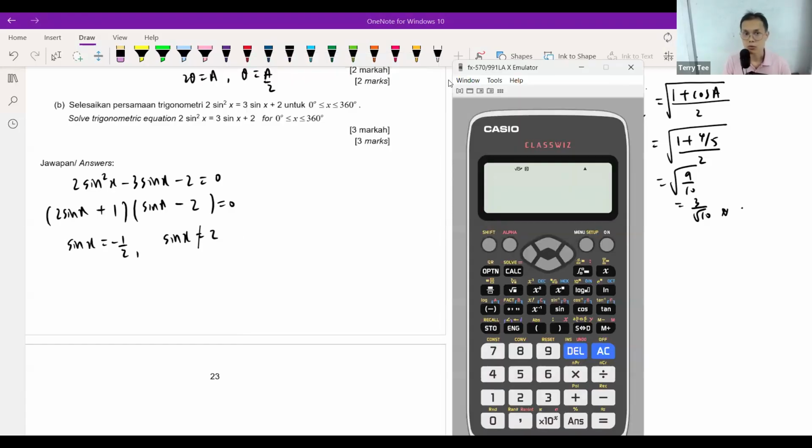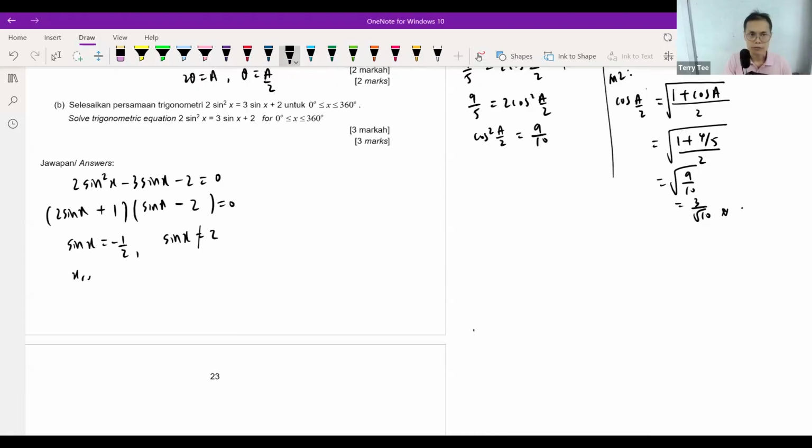It is given for 0 to 360. So we focus on the first one. Shift sine 1/2, you should get 30 degrees. So 30 degree is your reference angle. And remember, sine is positive in ASTC quadrant 1 and quadrant 2. This sine value is negative, negative half. So you take quadrant 3 and quadrant 4.